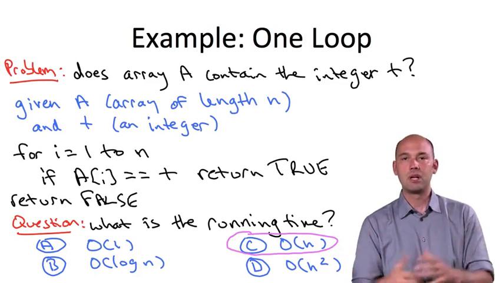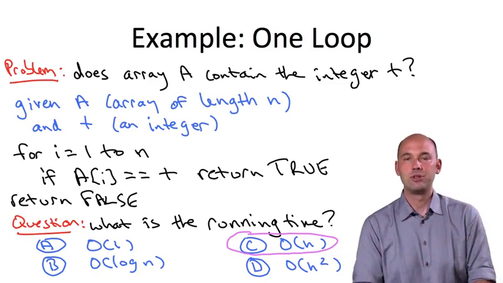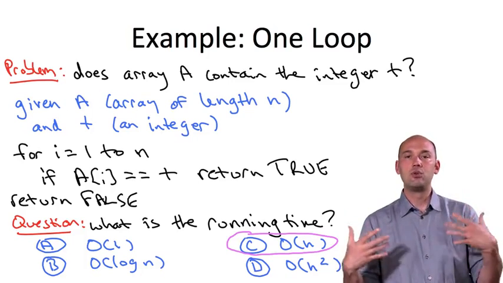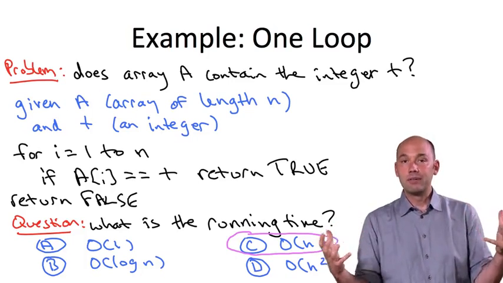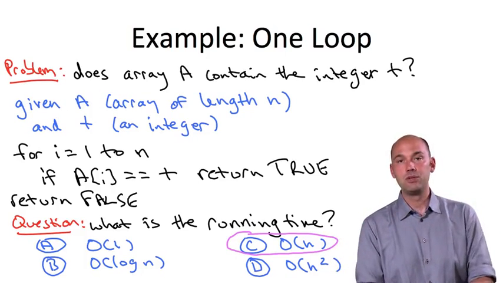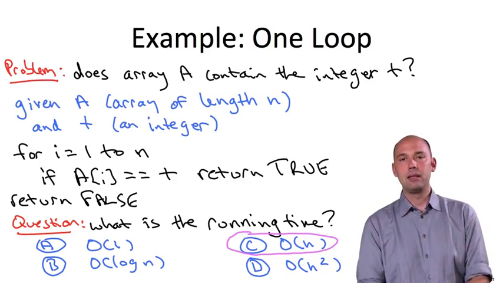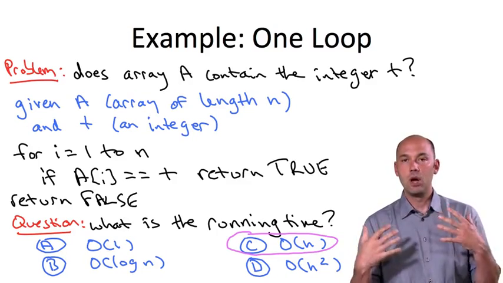And you could argue about what the constant is, if it's 2, 3, 4 operations per entry in the array. But the point is, whatever that constant is, it gets conveniently suppressed by the big O notation. So as a result, the total number of operations will be linear in n, and so the big O notation will just be O of n.